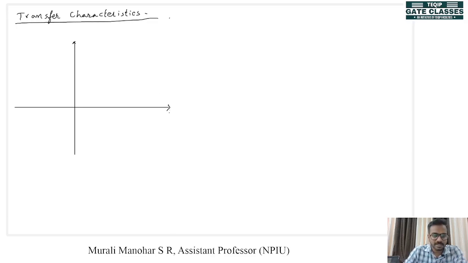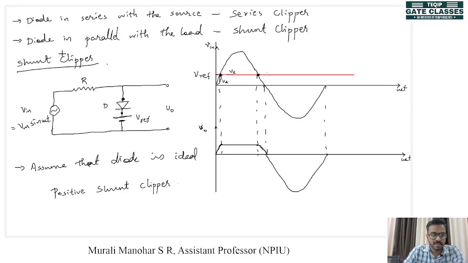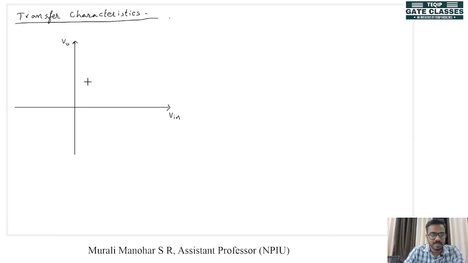So on the x-axis we have V in, on the y-axis we have V out. So what was our first case? It was the positive shunt clipper. So we'll see the transfer characteristics of the positive shunt clipper.